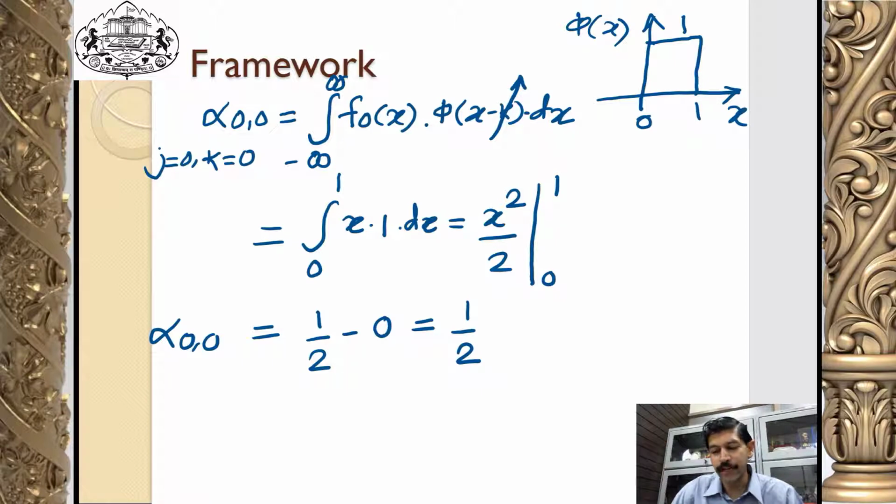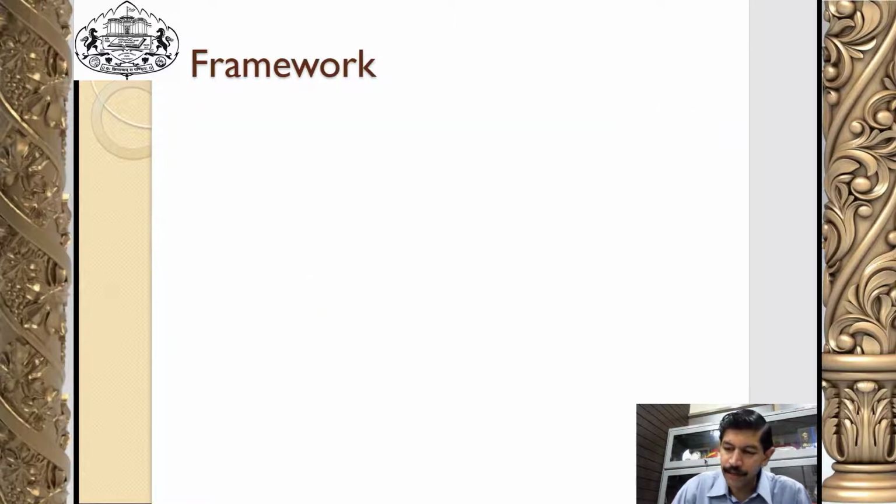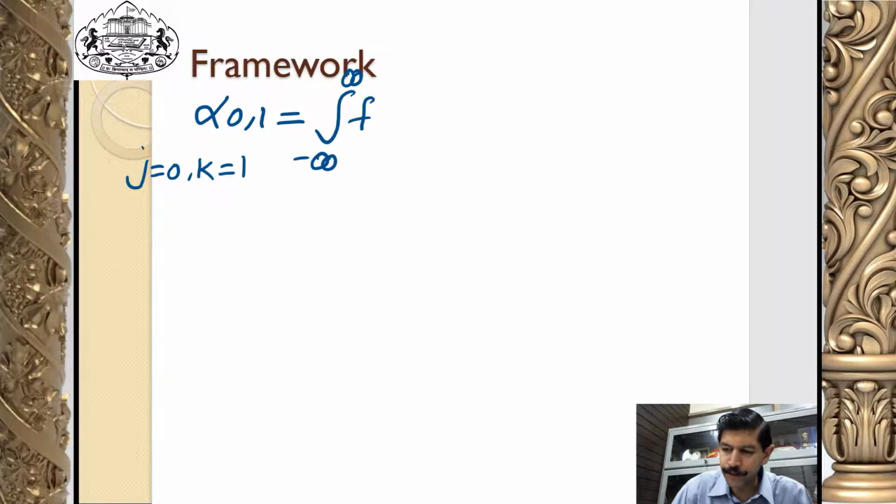Now similarly, we can calculate alpha 0 1. Now j is equal to 0 and k is equal to 1 in this case. And the formula is the integral running from minus infinity to plus infinity of f0 of x, 2 to the power j by 2 is 1, and then phi of x minus k.